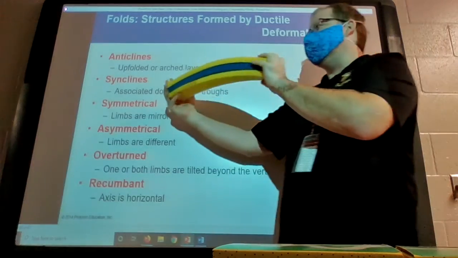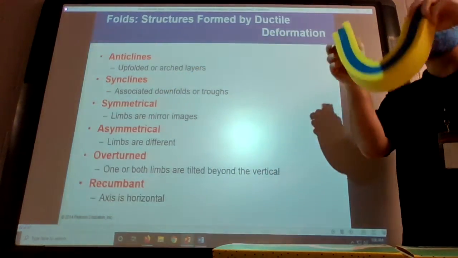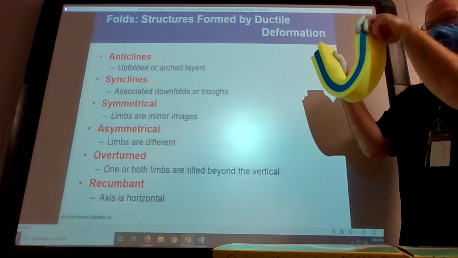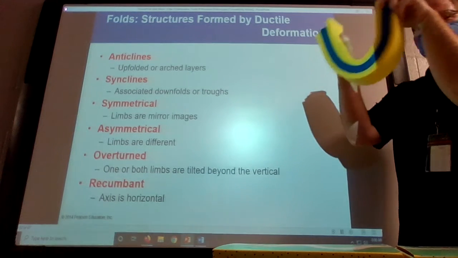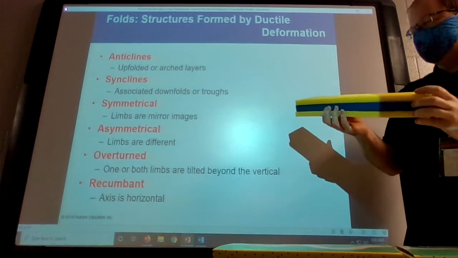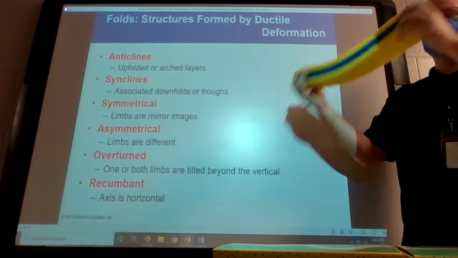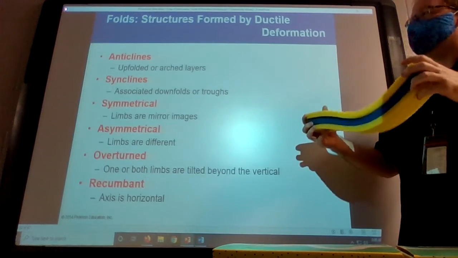And the opposite, synclines: if someone is a sinner, they will go down to hell, and that's why synclines point downwards. Very dumb. Most geologists would probably be mad at me for saying that, but I've always remembered it, and it's an easy way to remember it.